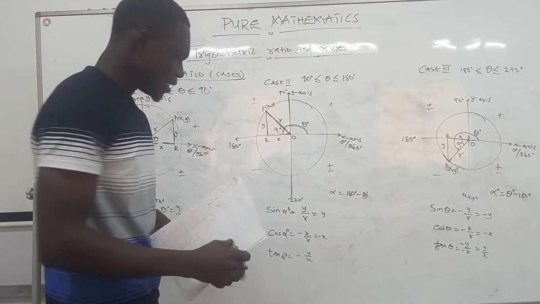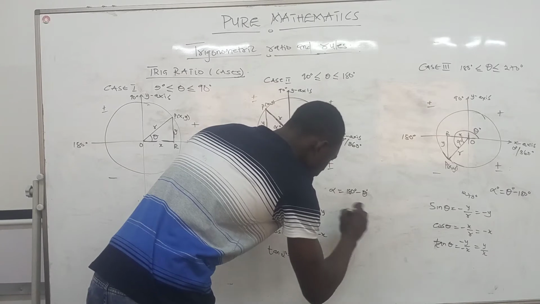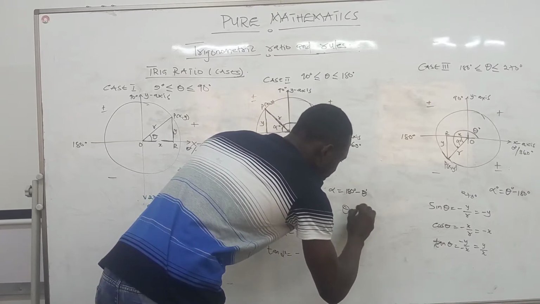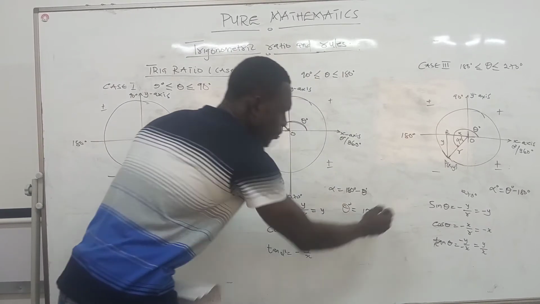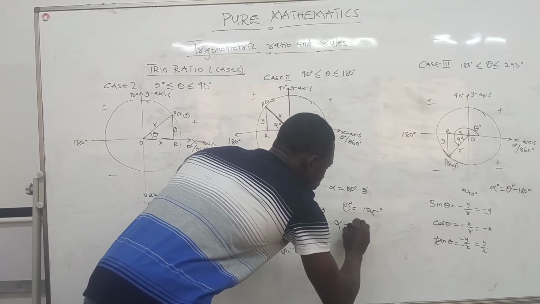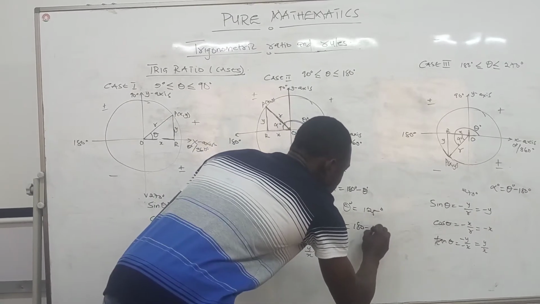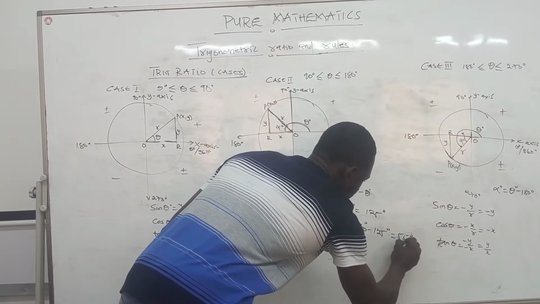So, for example, if you are given a theta degree to be, say, 125 degrees, then we have our alpha equal to 180 degrees minus 125, giving us 55 degrees.